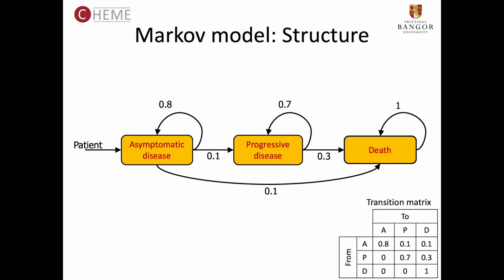And you can complete that table. And there are several zeros in that table, which indicate there's no reverse movement of people. So people can't become asymptomatic in this model from the state of the progressive disease. Obviously, a more sophisticated model could allow for that, and there may be some treatments that would be able to reverse the effects of this transition, and obviously we could model that accordingly.